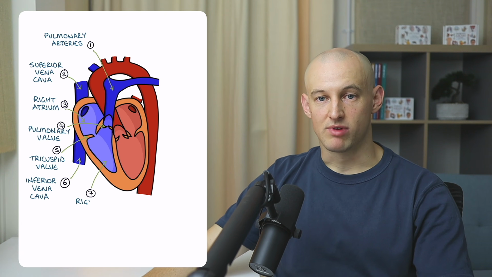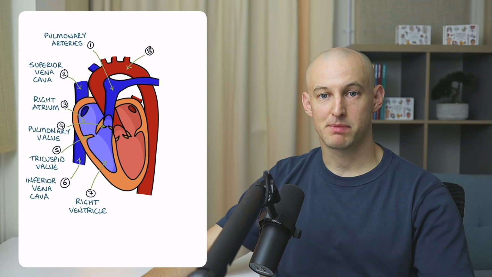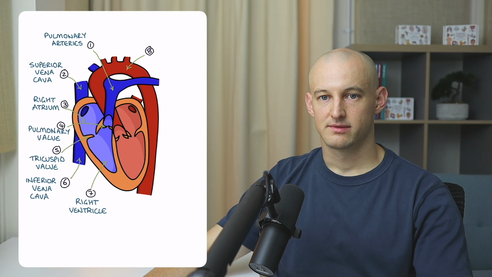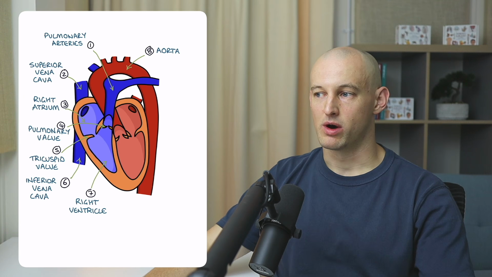This is the right ventricle. Question 8. What's the name of this big blood vessel coming out of the heart? This is the aorta, which is what pumps blood around the body.